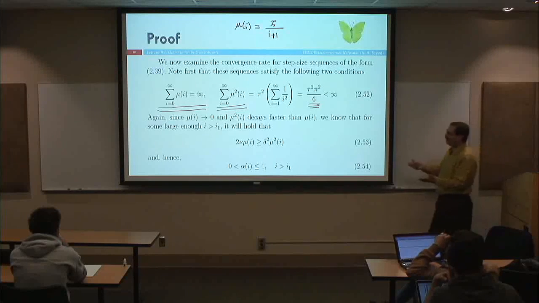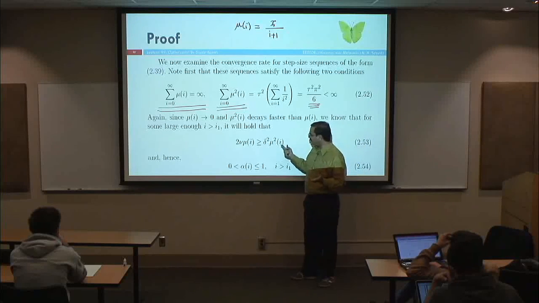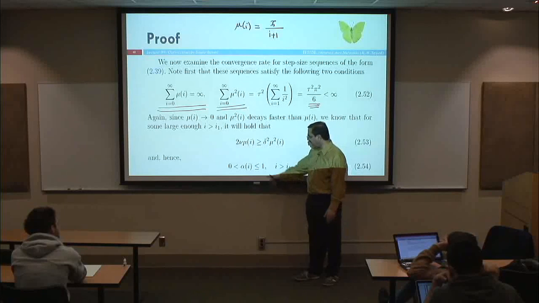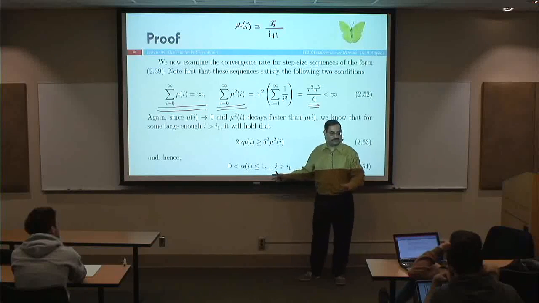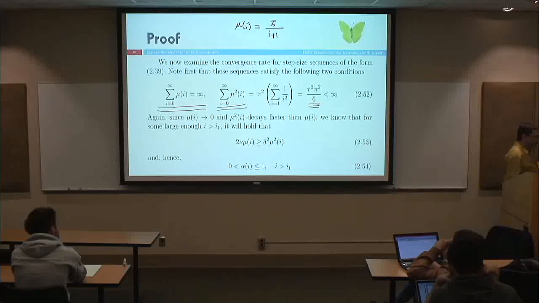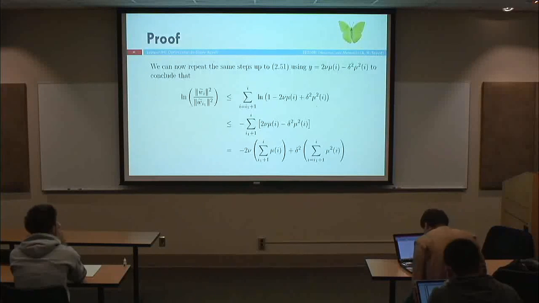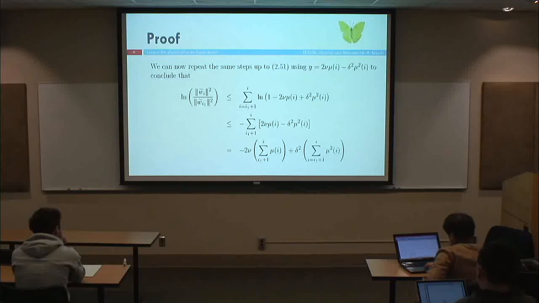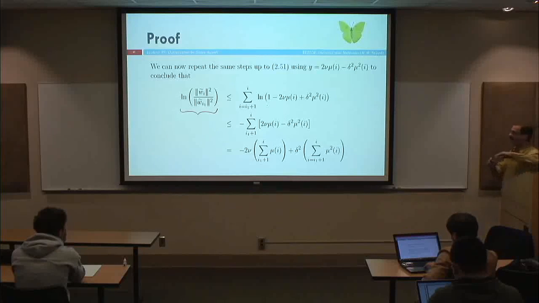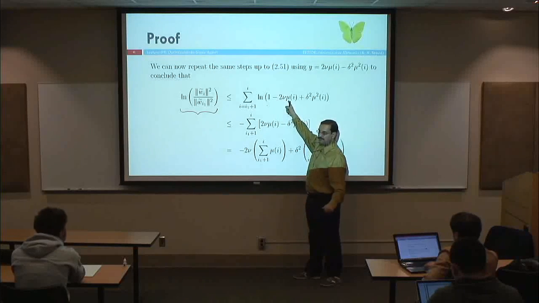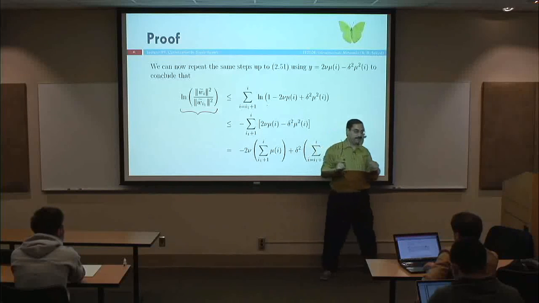Again, for I large enough, this product will be larger than that. And for I large enough, the values of alpha will be between 0 and 1, just like before. So look what I'm going to do now. Before, I wrote that the log of the ratio is upper bounded by the log of 1 minus nu mu. Now I just kept all of it.